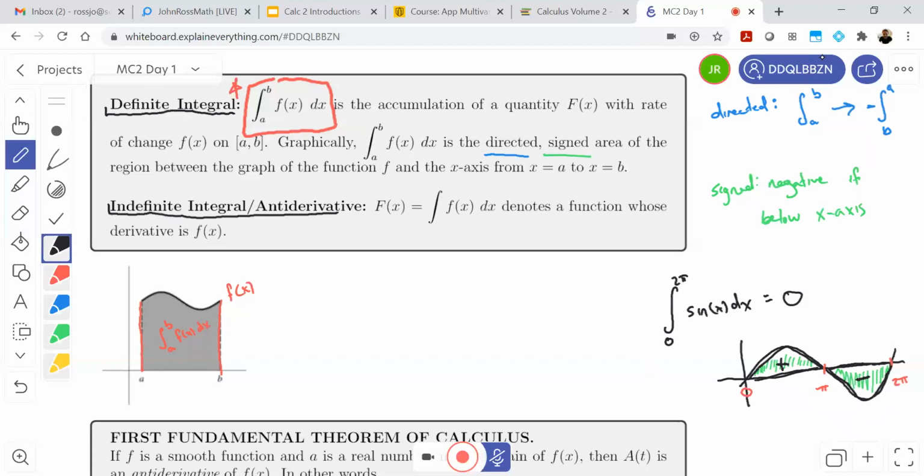We say that the indefinite integral is simply an antiderivative. It is a function whose derivative is the function f in question. And we write it as follows. We use the same notation, the same long squiggle, of little f of x, and we call that the indefinite integral or the antiderivative of little f of x.